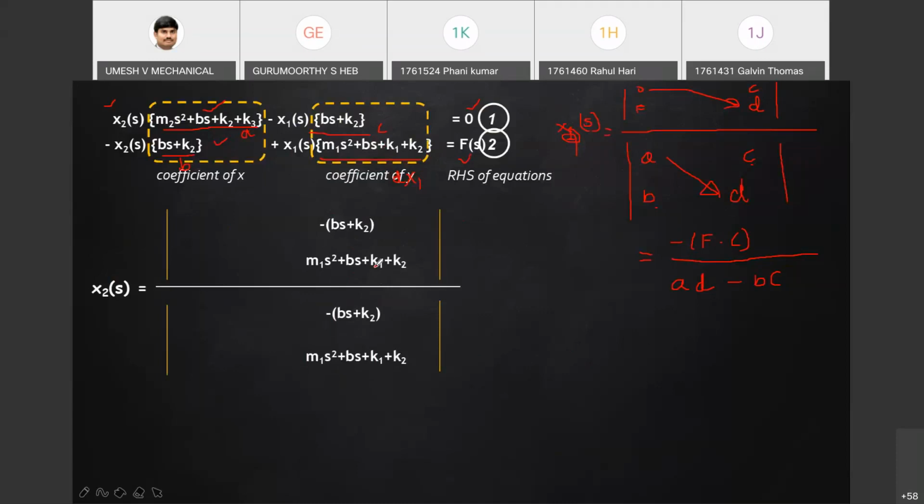The C, right side of it. The coefficients of x2 of s. Okay.